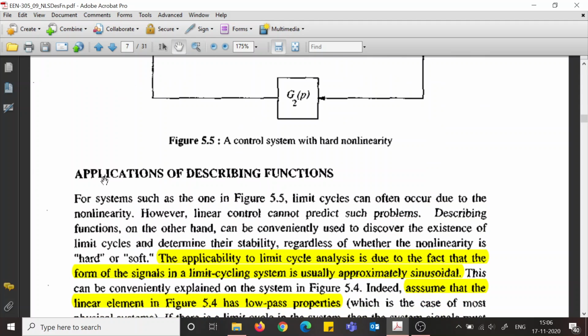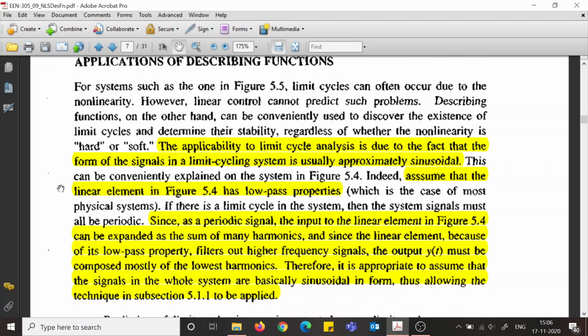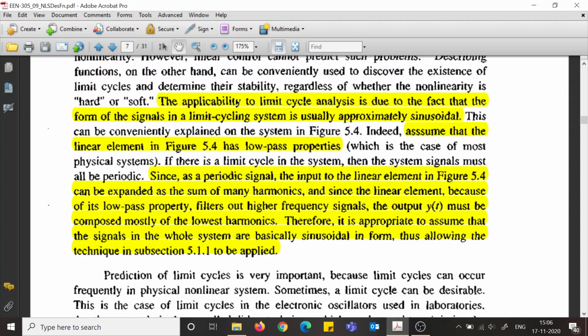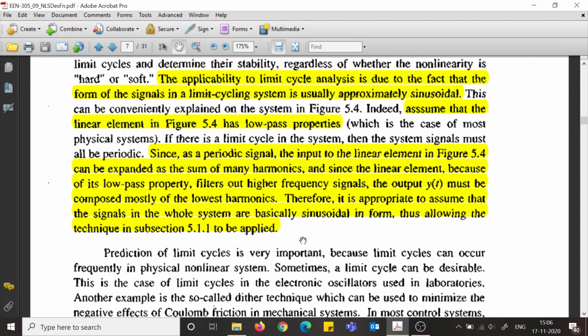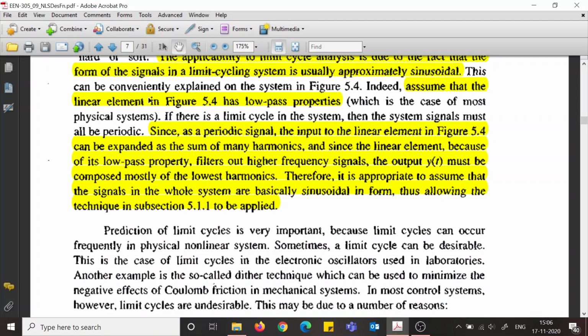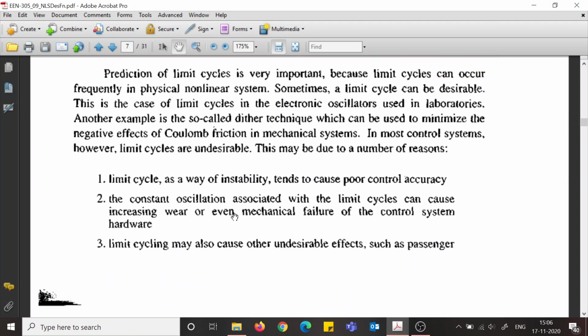Now what is the describing function method? Let us go into that. So here it is described what I was saying about filtering out of the higher frequencies. So you see the linear element has low pass properties, all these things are written here.